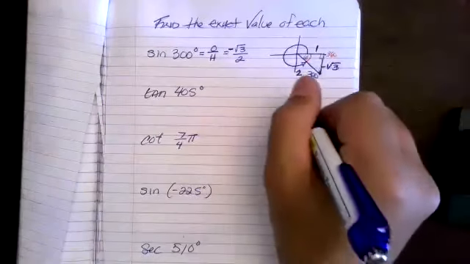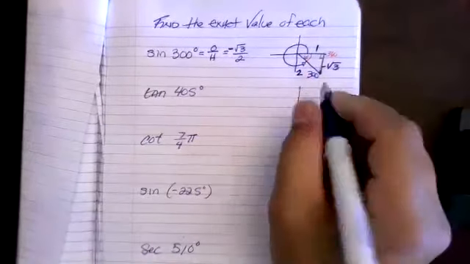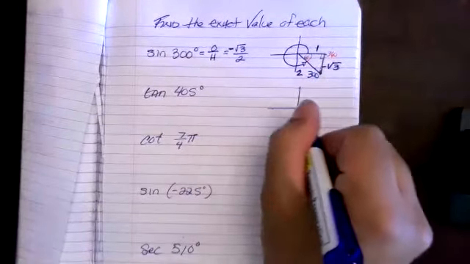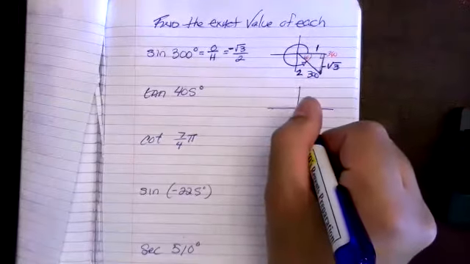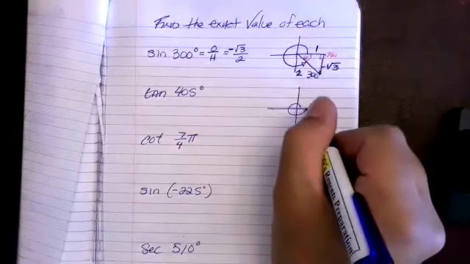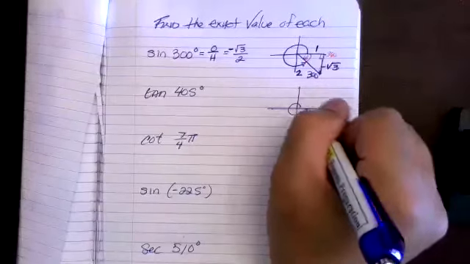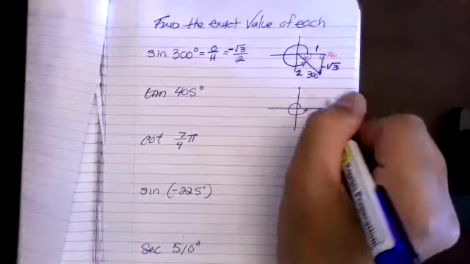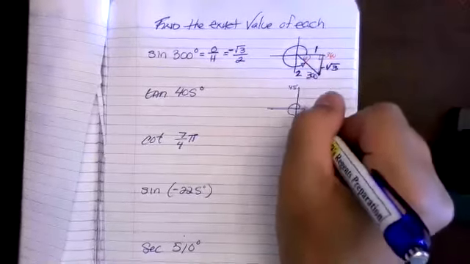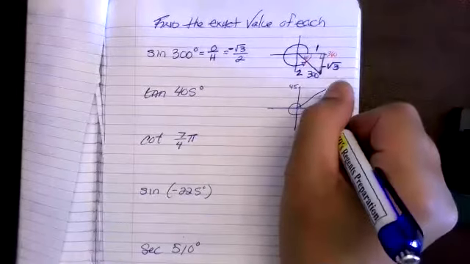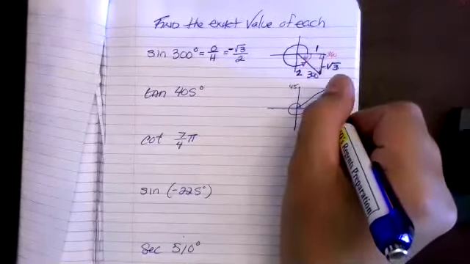Right, what quadrant would 405 be in? So one full rotation is 360. And this would be 450. So it looks like I would be here in this first quadrant.